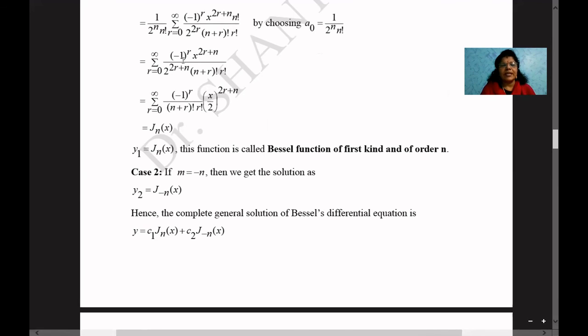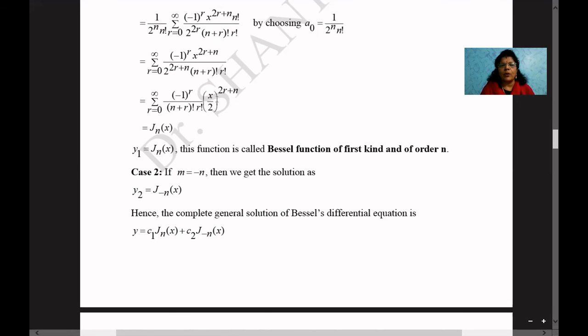I am rewriting once again. Sigma r is equal to 0 to infinity minus 1 power r, the first term, n plus r factorial, denominator, r factorial, the denominator. See these two terms, x power 2r plus n. This is 2 power 2r plus n. Both the powers are same. So I am combining these two terms.